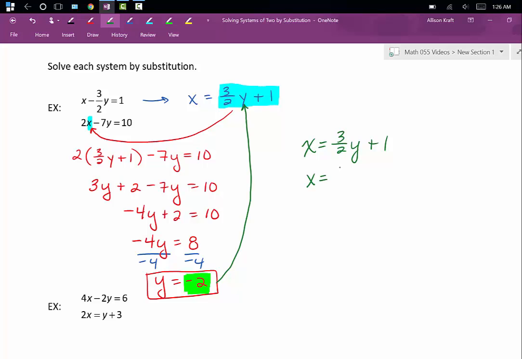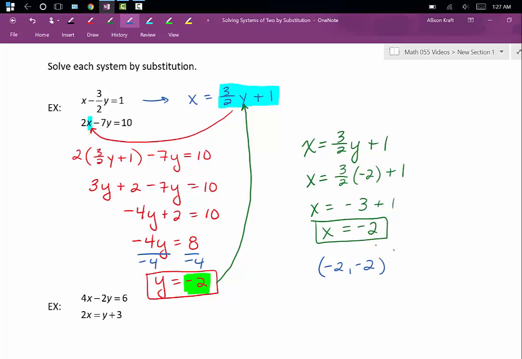Substituting that in, we get x equals 3/2 times negative 2 plus 1. 3/2 times negative 2 gives us negative 3 plus 1. x is equal to negative 2. We want to make sure that we write our solution as an ordered pair. Our solution is the ordered pair (negative 2, negative 2).